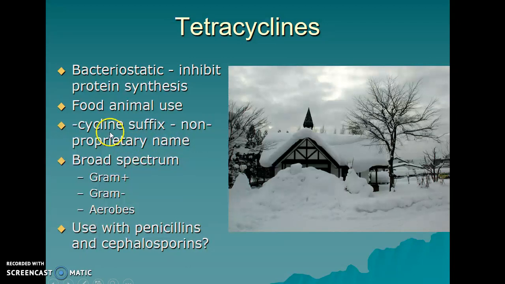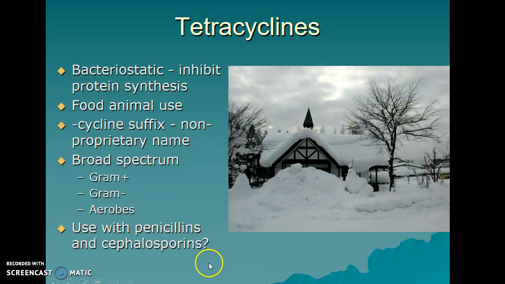These drugs tend to have this cyclin suffix, so cyclin is at the end of the word in the non-proprietary names. The spectrum of these drugs are gram-positive, gram-negative, and aerobic bacteria. And there are some exceptions within there, but that's kind of the general spectrum. So they're considered to have a broad spectrum of activity.